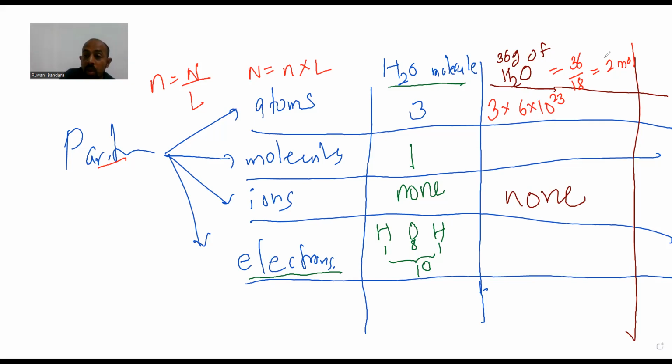But you have 2 moles, so answer into 2. So the answer will be 3.6 into 10 to the power 24. Is this clear?